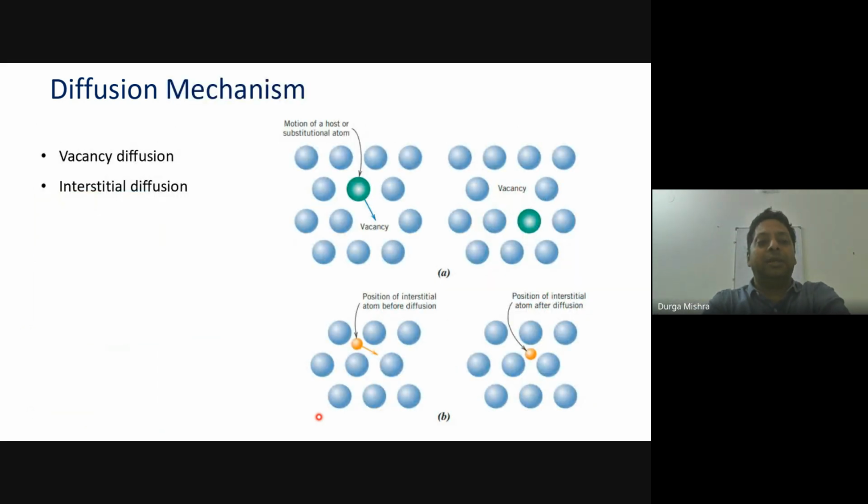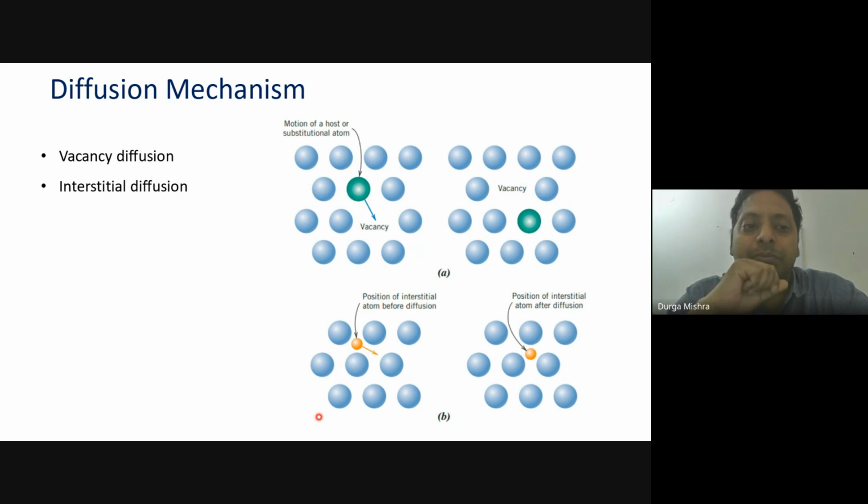So what is the mechanism of this diffusion? There are two processes basically. It is again related to the defects that we discussed earlier. Diffusion happens with the formation of defects and movement of defects, so diffusion is always associated with that. That's why we need this high temperature, so that we can create enough vacancies or defects, and then we can move these atoms from one place to another.